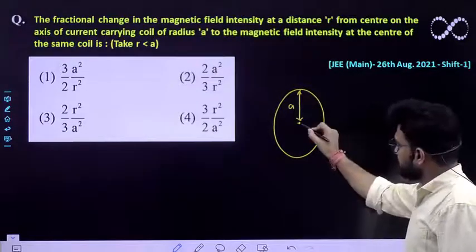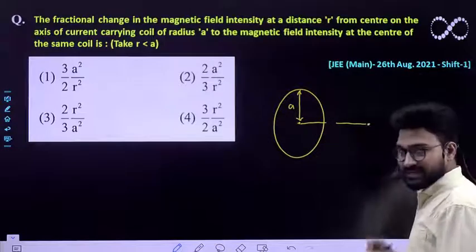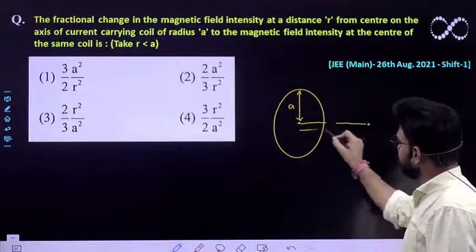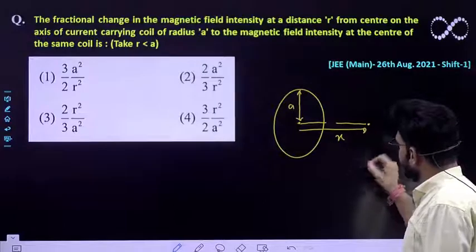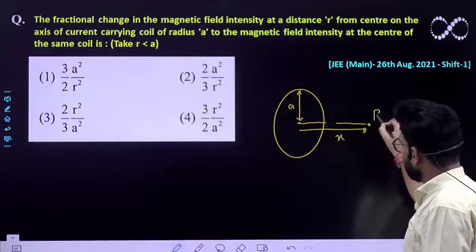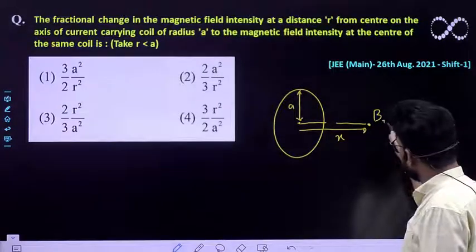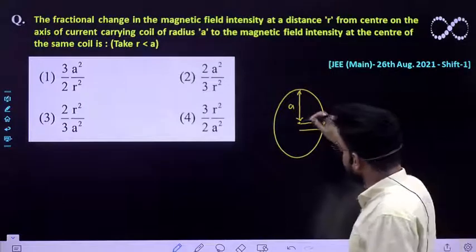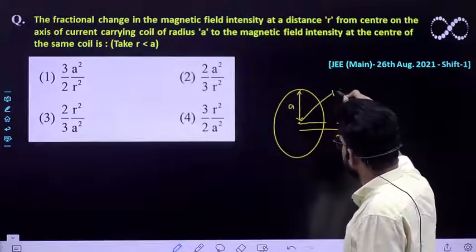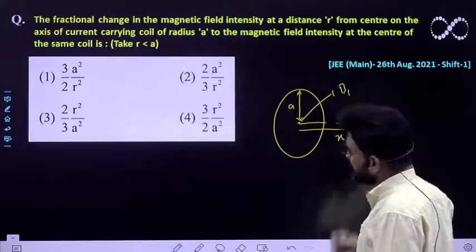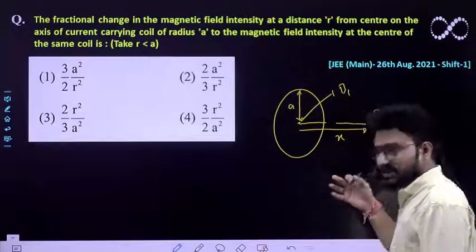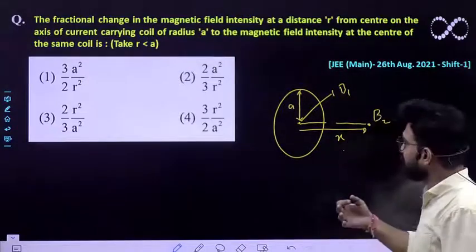At a certain distance from its center along the axis, let this distance be x. At this point let the magnetic field be B2 and let the magnetic field at the center be B1. You have to find out the fractional change in the magnetic field.